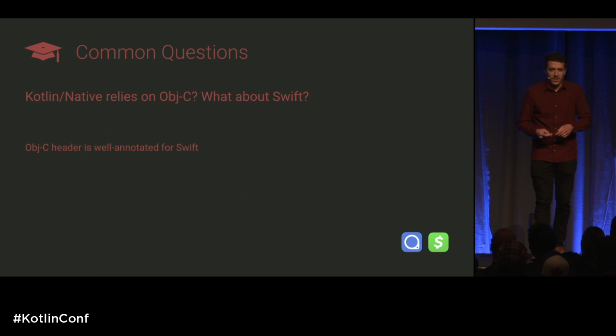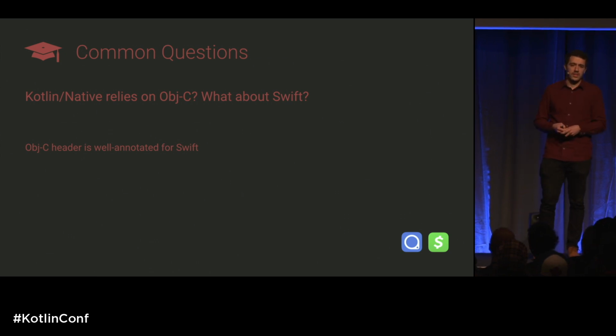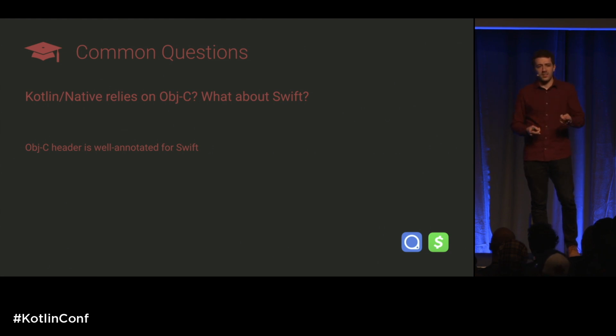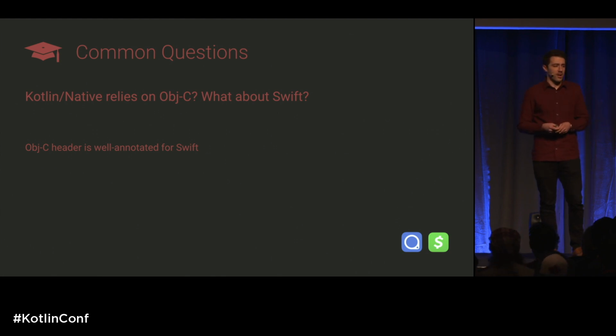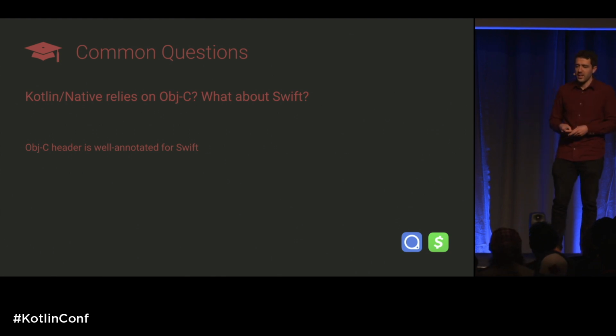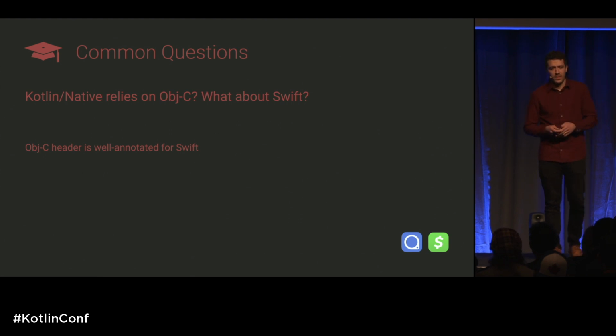The first is that the Objective-C header that you do get from Kotlin Native is actually very well annotated for Swift. And what that means is that when Swift translates that header when you're writing code, the APIs feel very Swifty, for lack of a better word. So much so that I've even had coworkers that have started working with our shared library and were surprised to find an Objective-C header when I pointed them to it to answer a question.